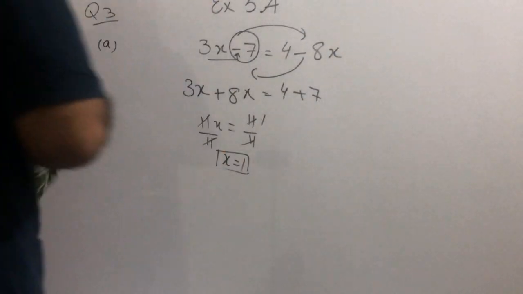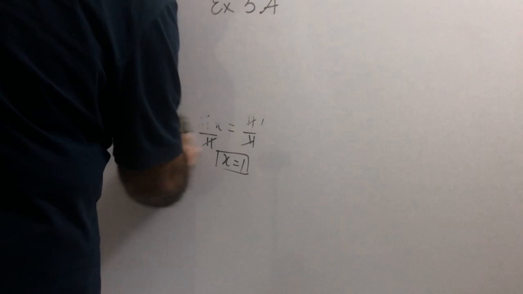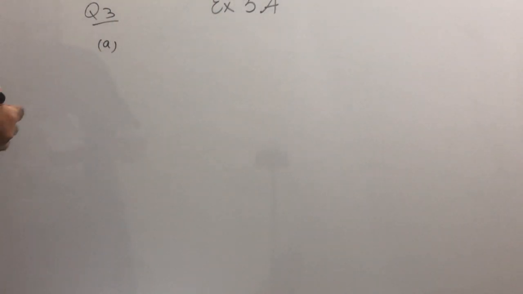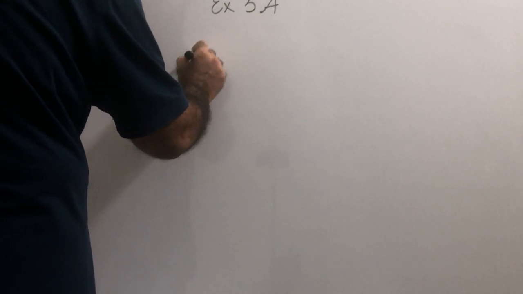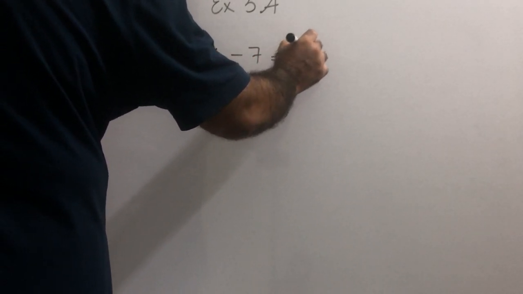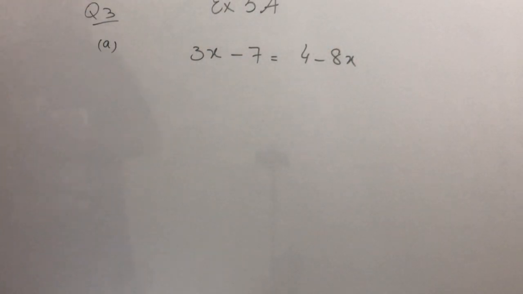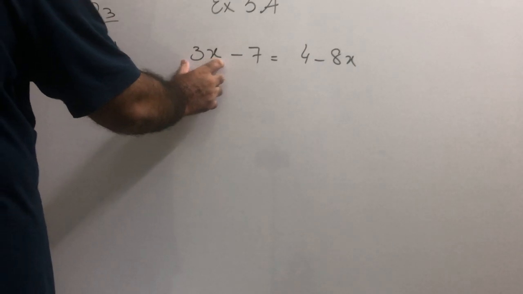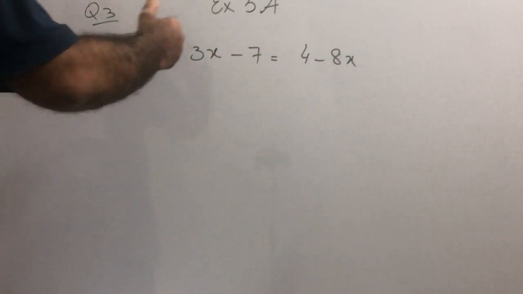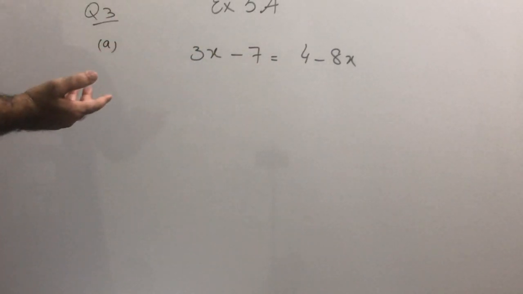I'll repeat this question again so that you know how we solved it. 3x minus 7 is equal to 4 minus 8x. We need the terms involving x on one side of the equation and the terms without x on the other side of the equation.